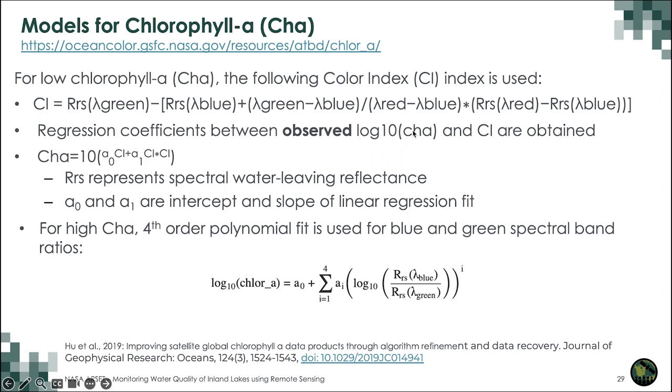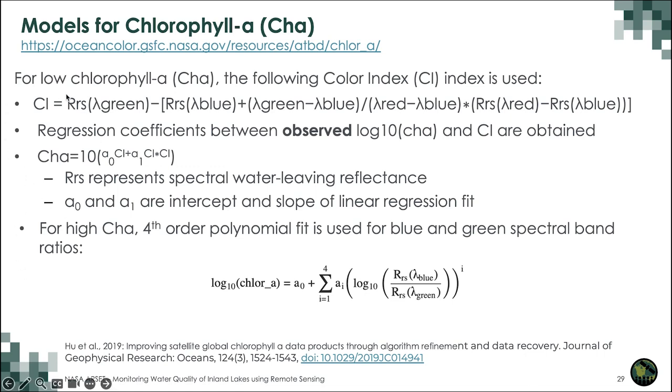You take log 10 of that value and find co-located satellite images to calculate CI, and then fit a regression line to find coefficients A0 and A1, which are the line fit intercept and slope, and then use those to calculate chlorophyll A concentration based on CI for locations where you don't have in situ data, or for images for which you don't have in situ data.